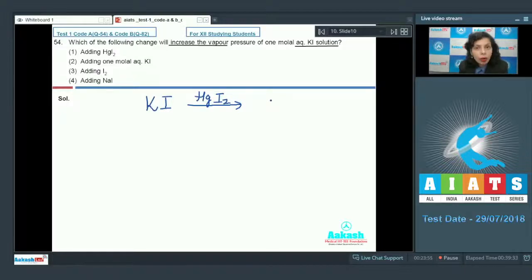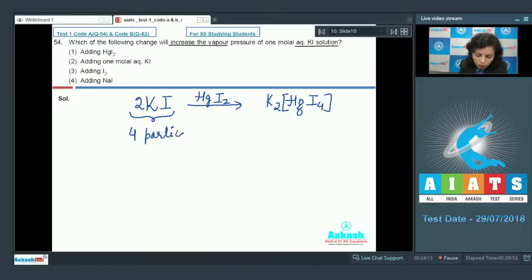In that case, there is the formation of a complex compound, that is K2HgI4. This is the complex that would be formed. Let me balance this. Now, in this case, if I check this KI, there would be the 4 particles. Why 4 particles? Because there are 2 ions of potassium and 2 ions of iodine in the aqueous solution. So due to the potassium ions and the iodide ion, 4 particles were there.